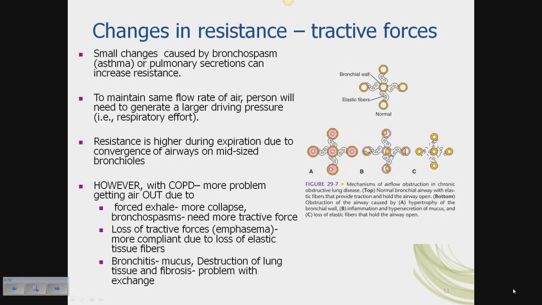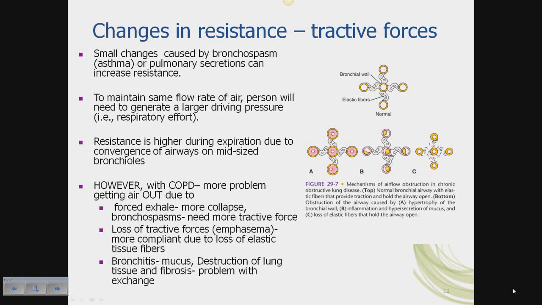In part A, you're seeing hypertrophy of the bronchial wall, and you're seeing this hypertrophy going inward and decreasing the lumen. And this is what I referred to in the previous two slides. In B, you're seeing inflammation and hypersecretion of mucus, as what can happen with asthma, of course.